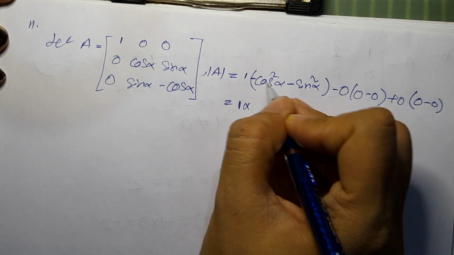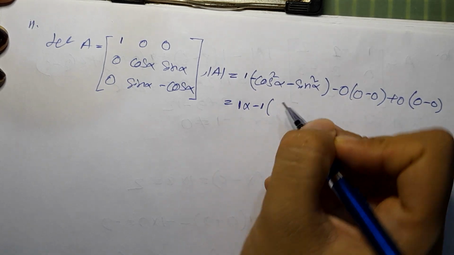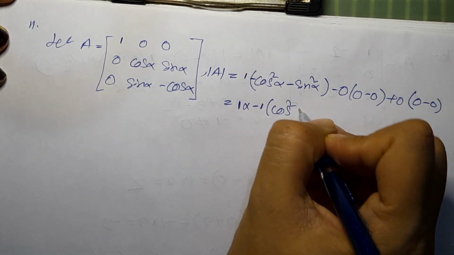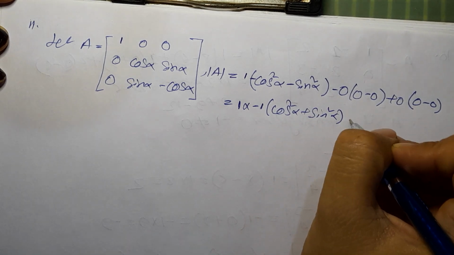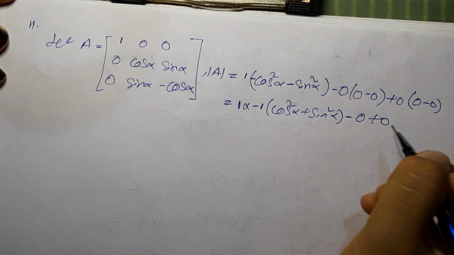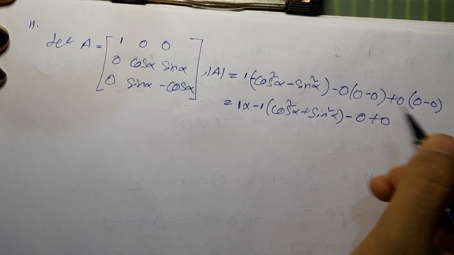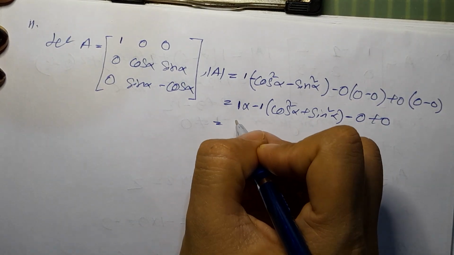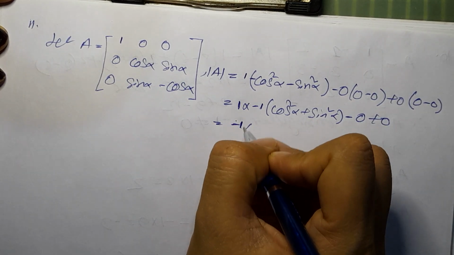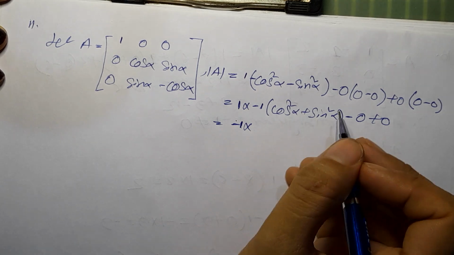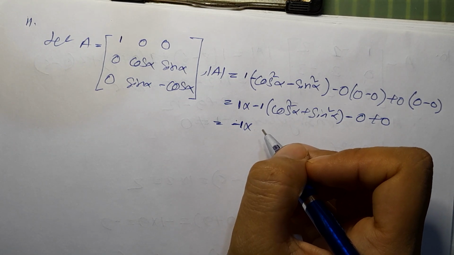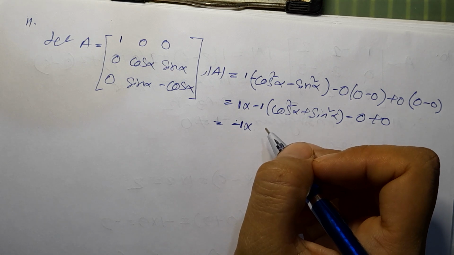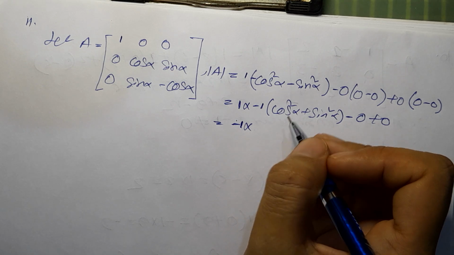So it will give 1 into, from here we can take minus 1 common, then cos square alpha plus sin square alpha, plus minus 0 plus 0. So this will be 0. So it will be 1 into minus 1, which gives minus 1 into sin square plus cos square. Cos square plus sin square is also 1, and sin square plus cos square is also 1, because addition is commutative.